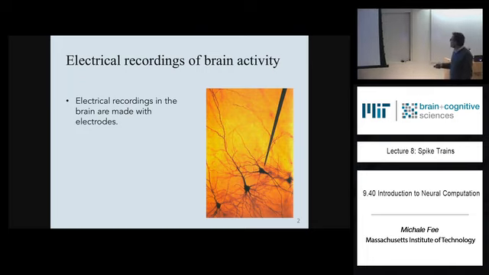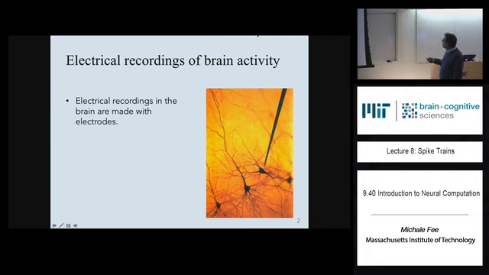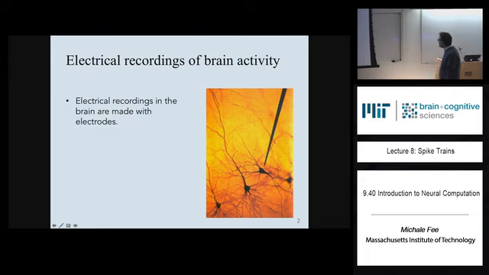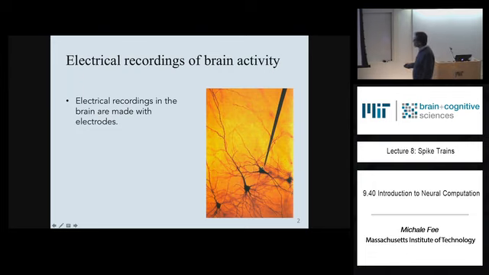And those kinds of recordings are made by placing metal electrodes that are insulated everywhere along the shank of the electrode except right near the tip. And if we place a metal electrode in the brain, we can record voltage changes in the brain right near cells of interest.